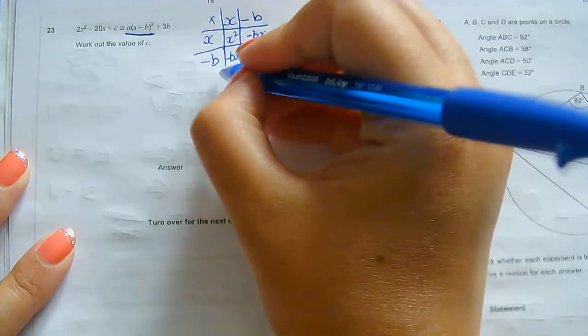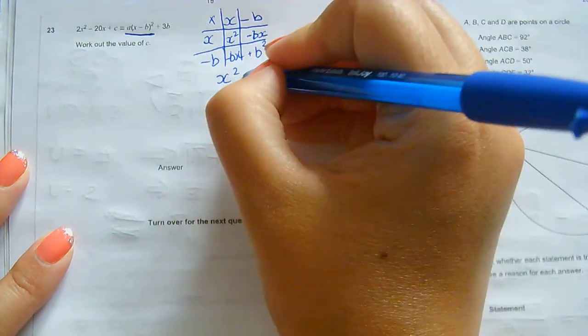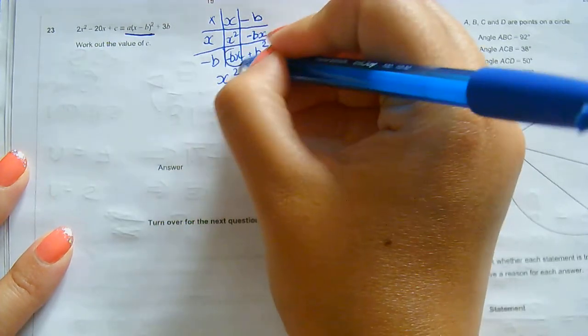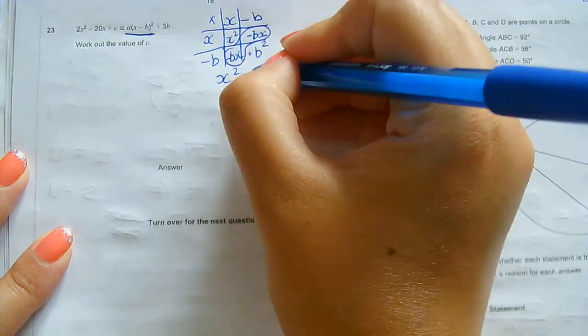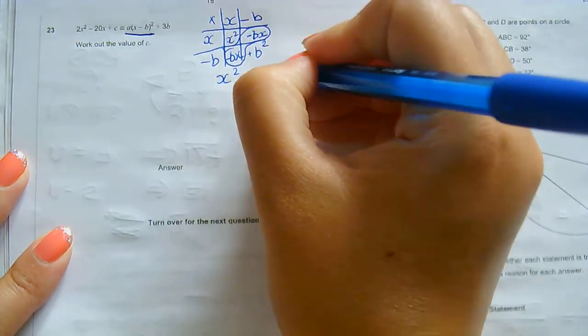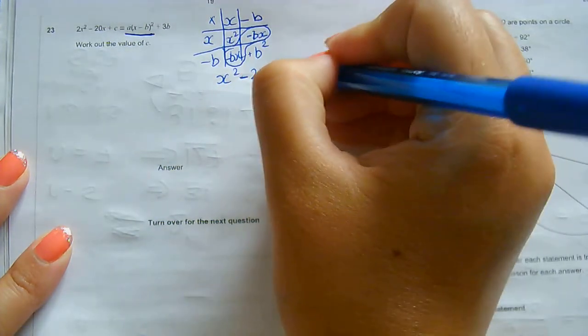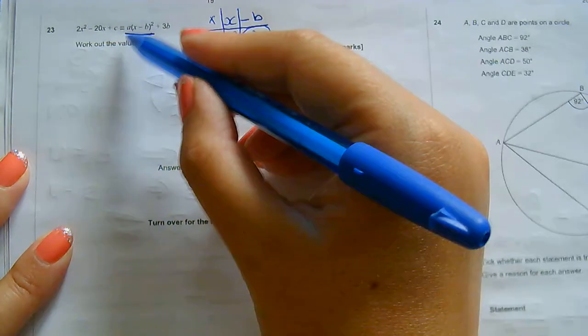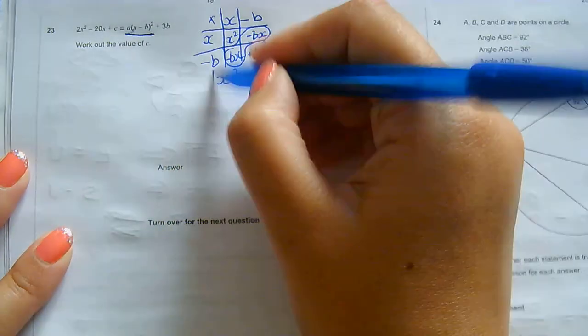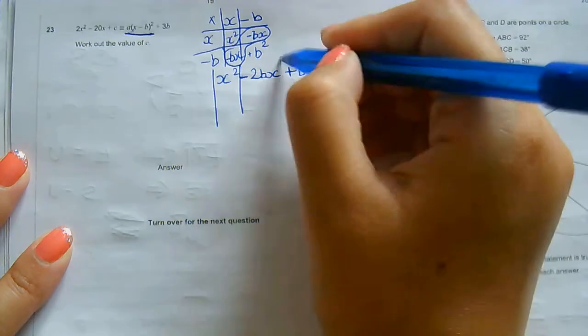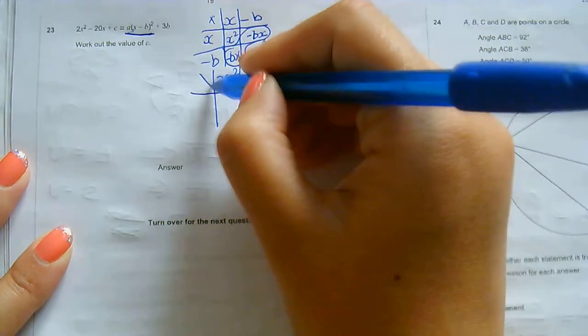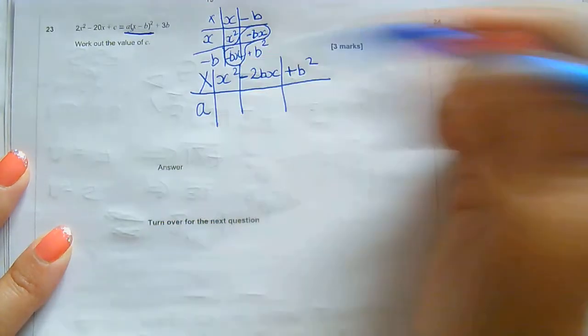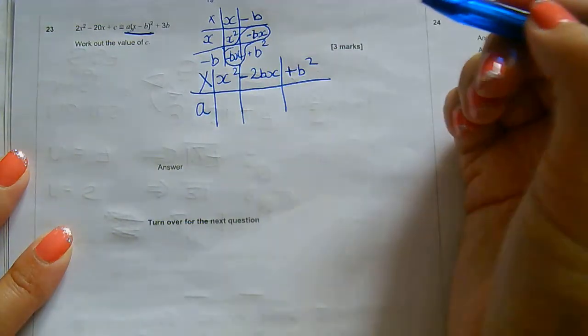So this would simplify to x squared minus, because we've got minus bx and minus bx, that would give us minus 2bx plus b squared. Now this has to be times by a, so I'm now going to multiply the whole of that by a.